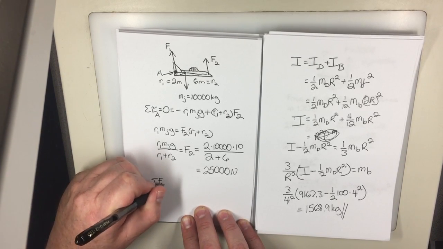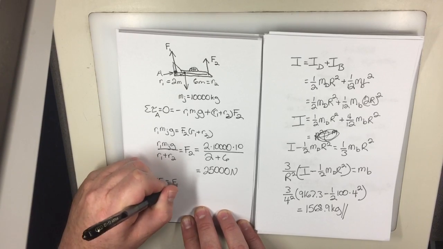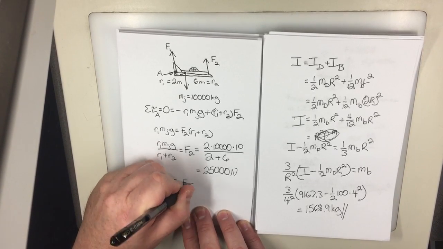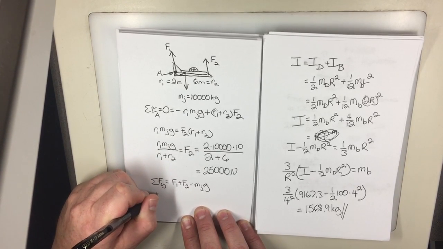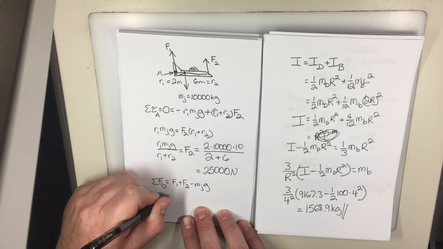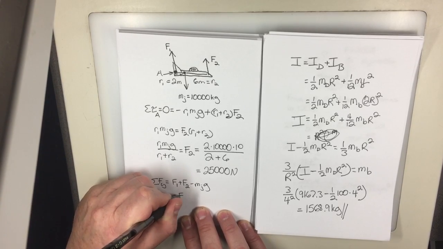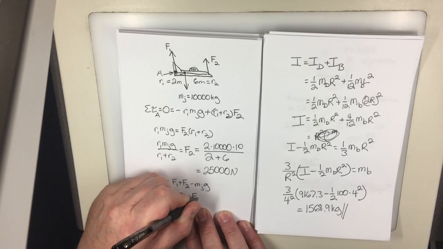Now that I have that, F2 comes into play fairly quickly. Sum the forces vertically. F1 plus F2 minus MJG. So MJG minus F1 is equal to F2.